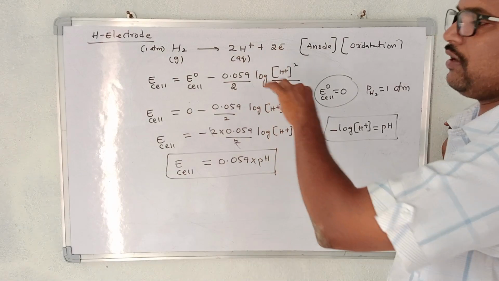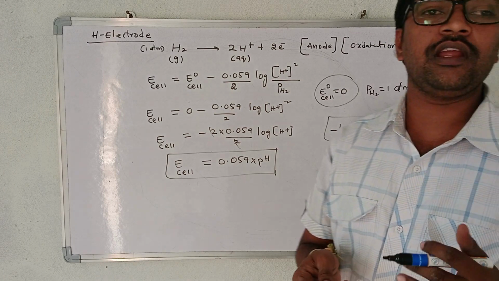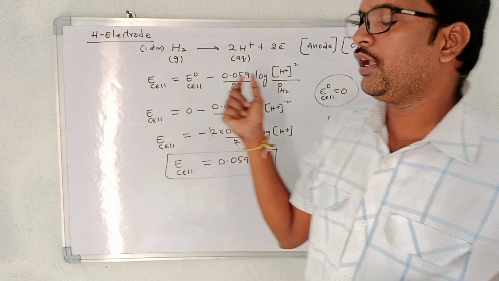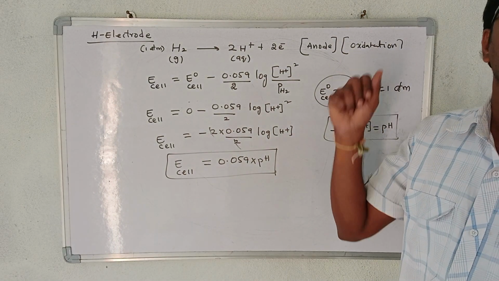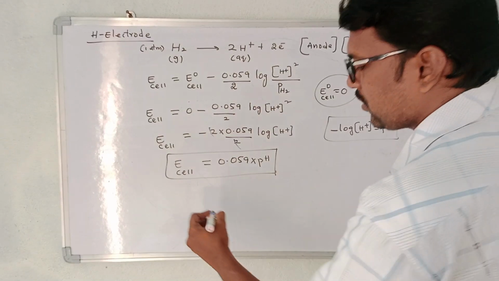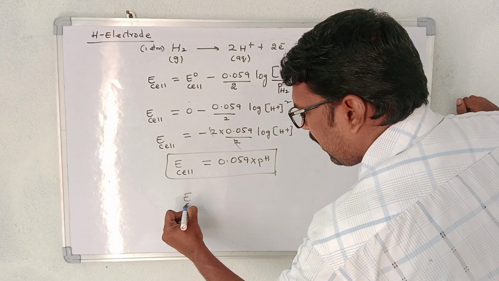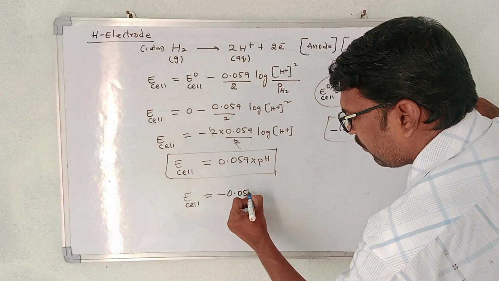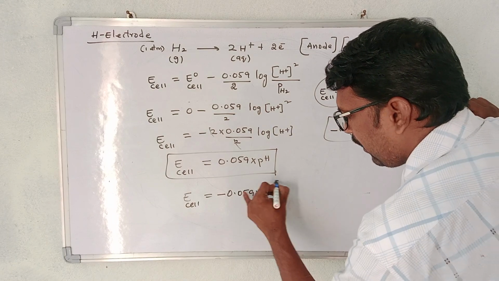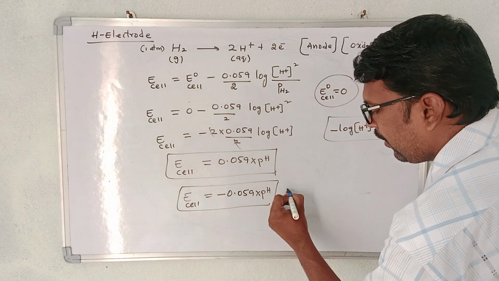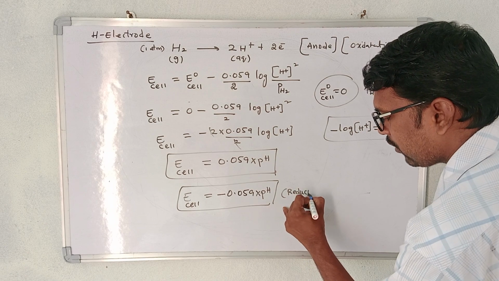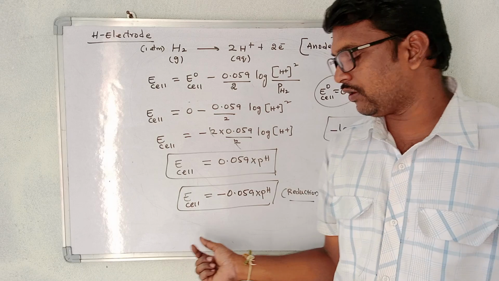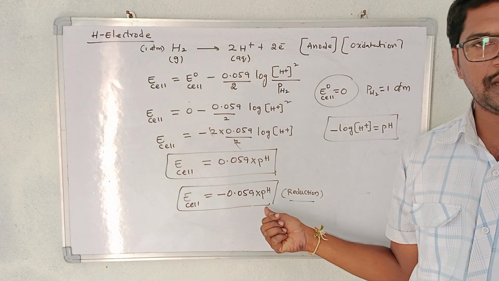Similarly, if you apply this at the cathode, the hydrogen electrode can act as an anode as well as a cathode. If you take this equation at the cathode, that is a reduction reaction, and that potential is called reduction potential. If you want to find the reduction potential for the hydrogen electrode, E cell is equal to minus 0.059 into pH.